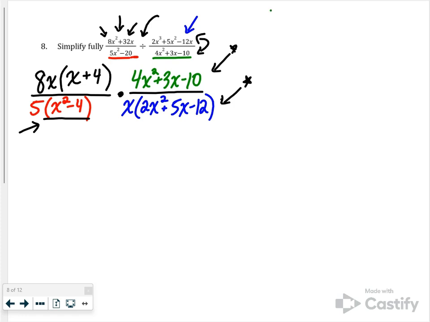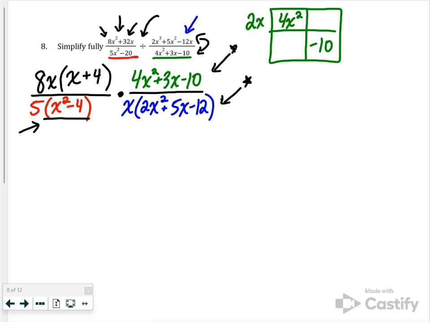If you want to use the box method, I think that's definitely a viable way to factor this. So we have minus 10 and 4x squared. And all together we need to have plus 3x. So when I start to look at this, I'm trying to think whether or not we're going to need 2x and 2x, or maybe we're going to need 4x and 1x. But for now, I'll start with a 2x squared, and we're going to think of ways to make negative 10.